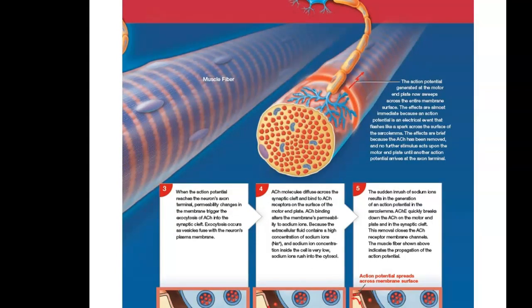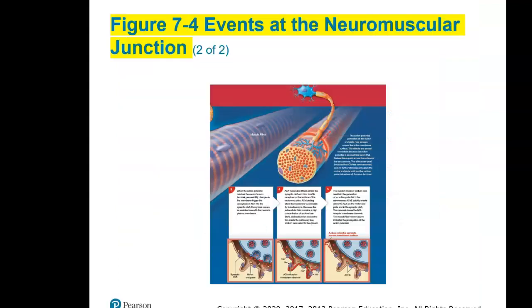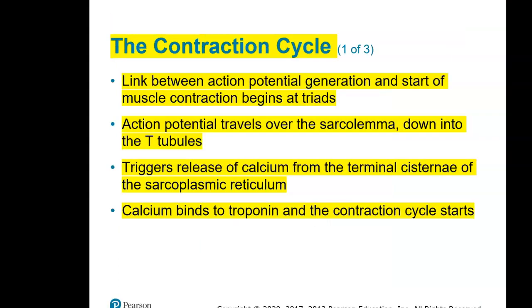And then what happens after that is the sliding filament theory, the actual muscle contraction itself. The contraction cycle is the link between that action potential generation and the start of the muscle contraction. So what the motor neuron does is generate an action potential in the muscle fiber.